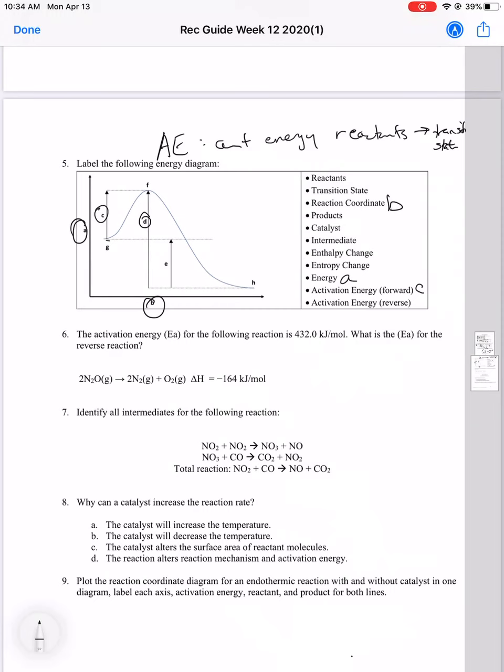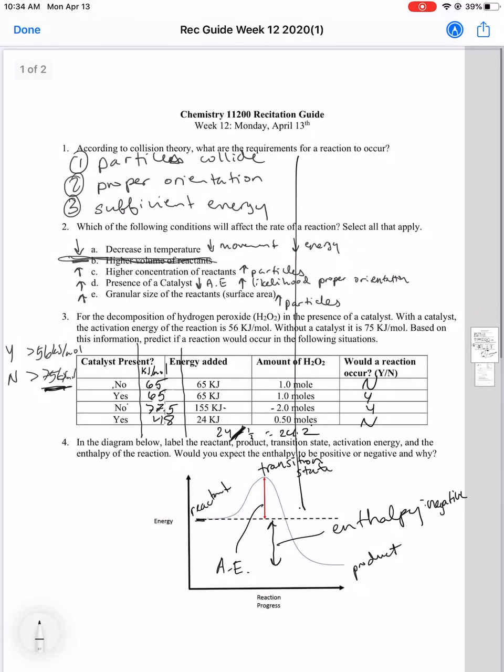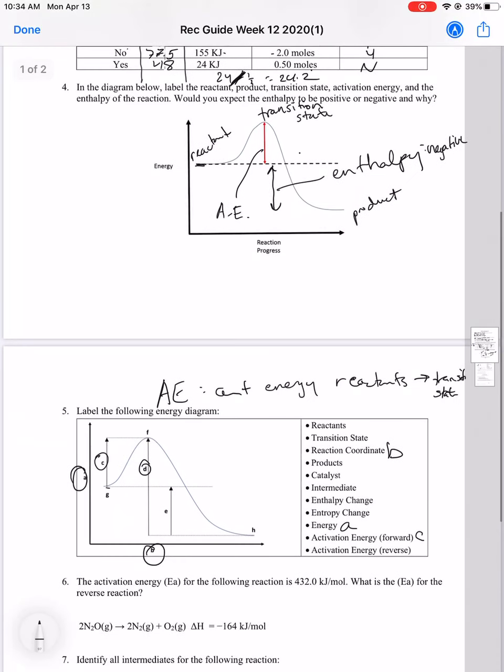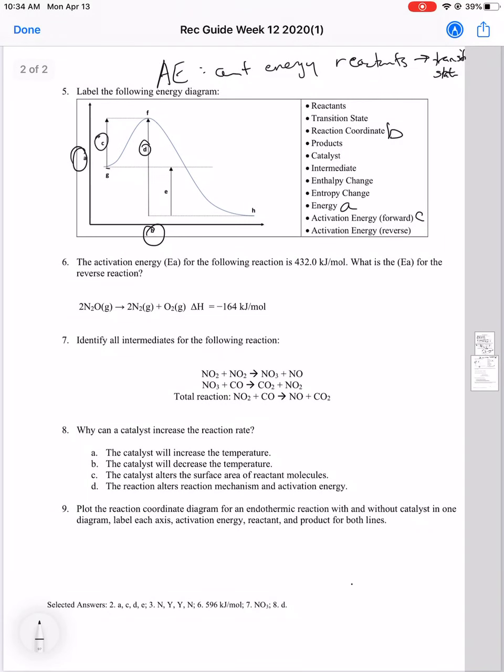And then if you do it the reverse way, so it's an endothermic reaction, it goes all the way up. So you need to get from H to F. So it's going to take all that energy to reach the transition state. So that is going to be D in the reverse direction.